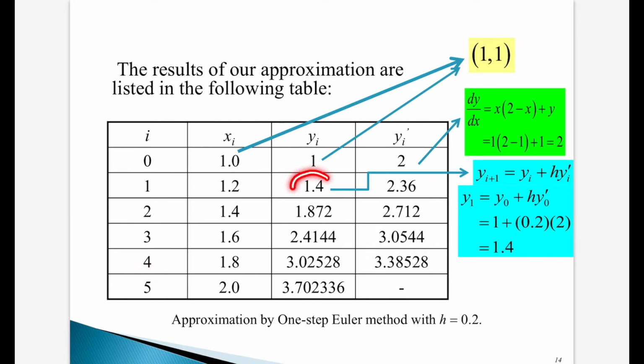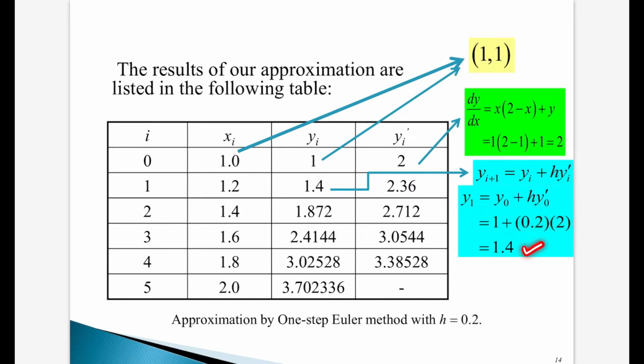Then how to find your next y? Use the formula for Euler's method: y_{i+1} is equal to y_i plus h y'_i. So y1 is equal to y0 plus h y'_0. y0 is 1, h is 0.2, y'_0 is 2.